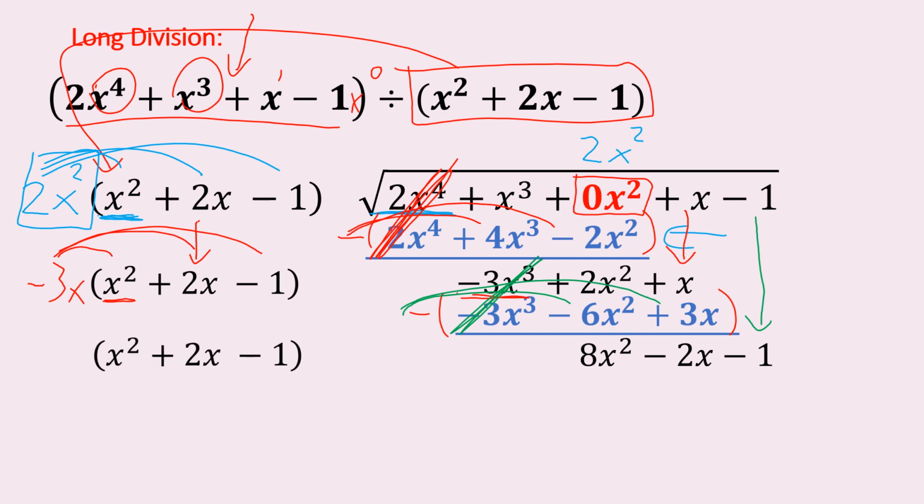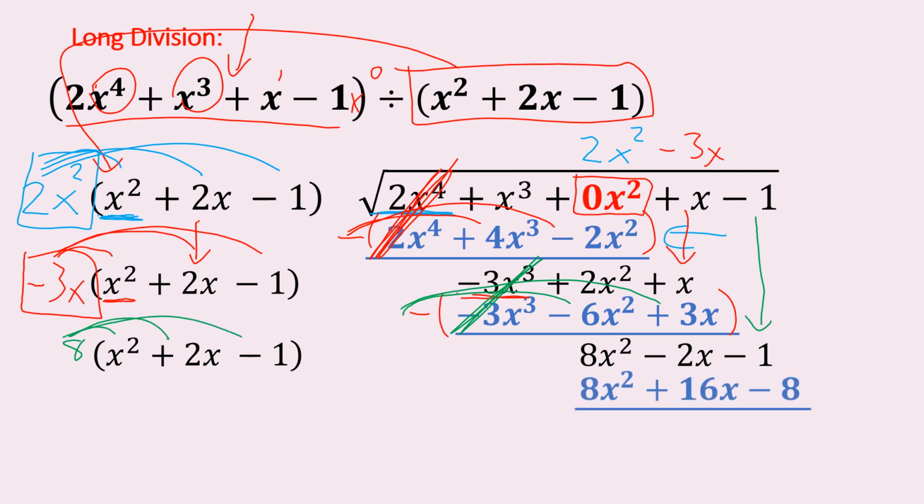We have one more step. Make it match one last time. Actually, before I do that, let's write this up here. So we're going to make this match one last time. This time we just need an 8 here. That gives us this down here. And we're going to subtract it this last time, which gives us negative 18x plus 7.